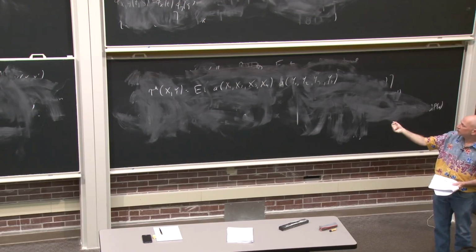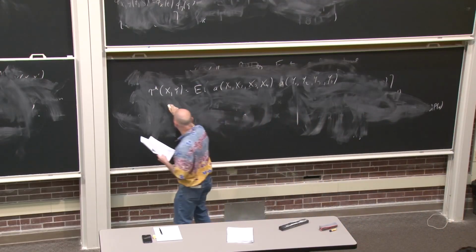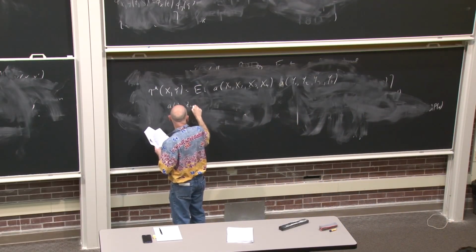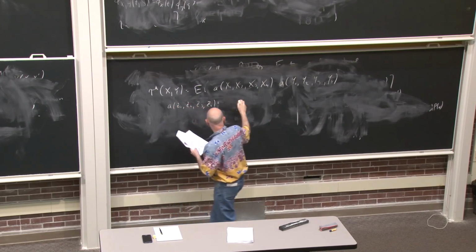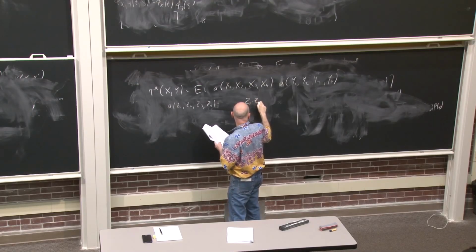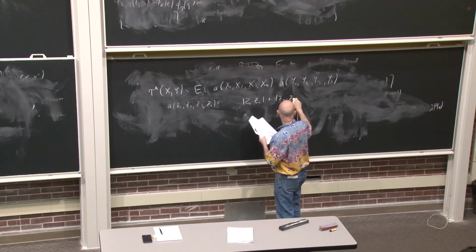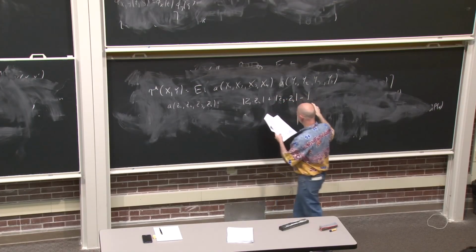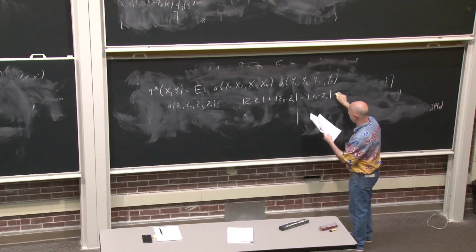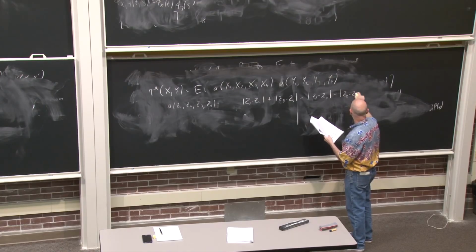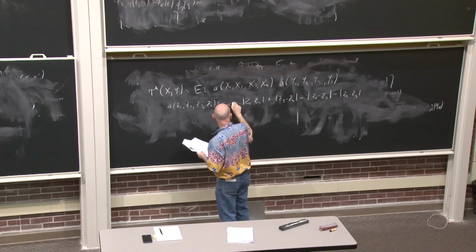This is a function of 4 variables at a time. What is A? I see there's a typo in it. It's A of z1, z2, z3, z4. It takes 4 values and outputs a real number. It's the sign of z1 minus z2 plus z3 minus z4 minus, and there's an absolute value missing here in the notes, z1 minus z3, minus z2 minus z4. But it's the sign of this thing.